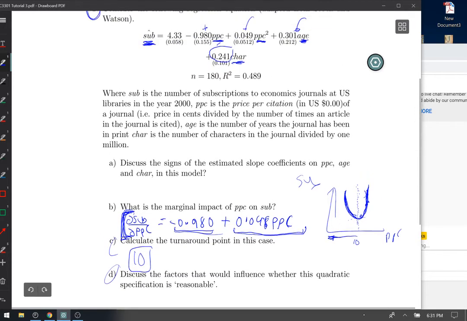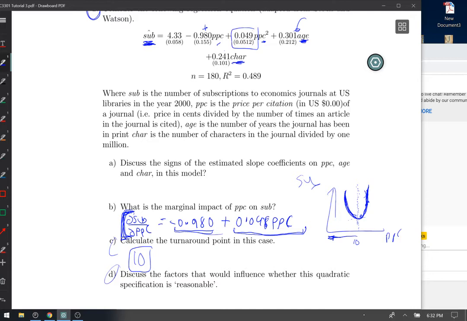Another thing is, is there evidence of a quadratic relationship? You could view reasonable as whether there is evidence. Again, you do that by a t-test of the restriction that the true coefficient on PPC squared is zero. You can see the t-stat is around 1, so you wouldn't find evidence to reject the null at, say, the 5% level here, or even the 10% or 1%.